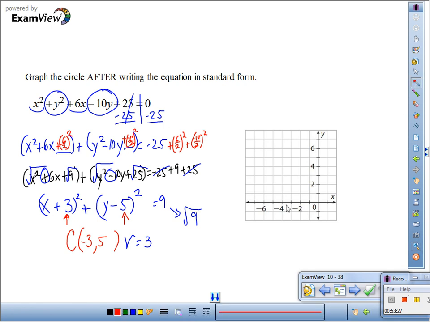Negative 3, 5. Negative 3, 5, which is right there. And my radius is 3 steps in all directions. So I go 1, 2, 3, 1, 2, 3, 1, 2, 3, 1, 2, 3.